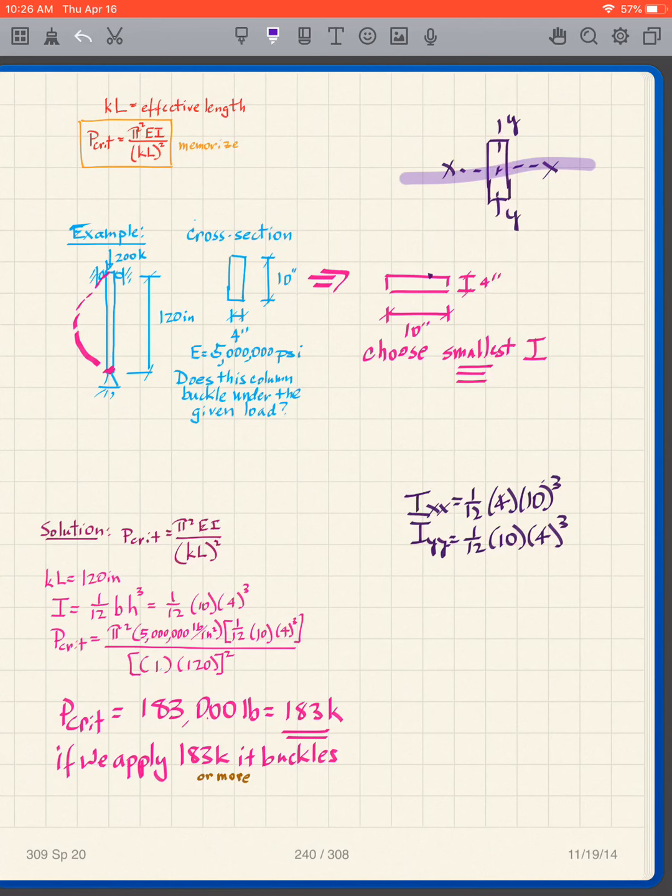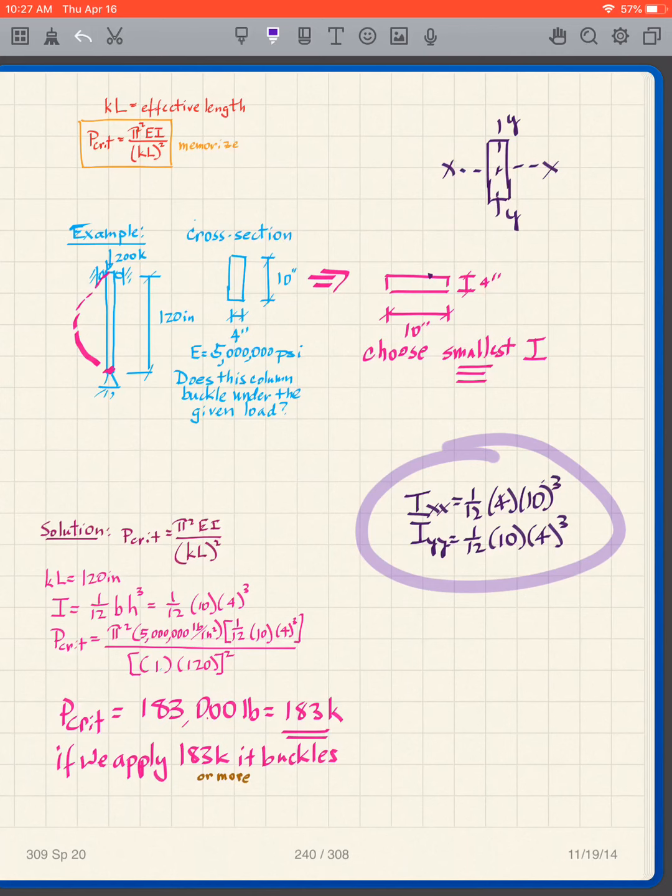But what we're interested in is the smallest I. So you need to take both of those moments of inertia. You have to look at it this way, and you have to look at it that way, based on the way that we've been doing moment of inertia. So I have two moments of inertia here.